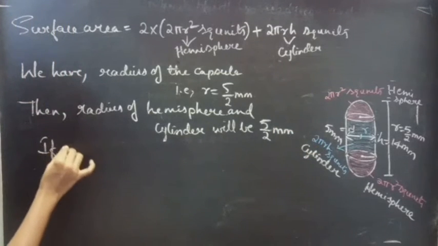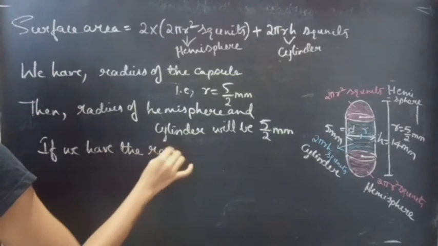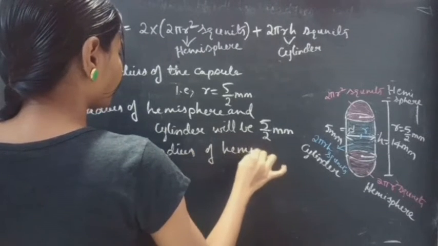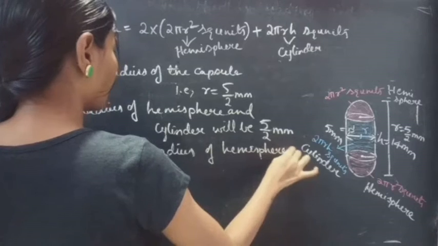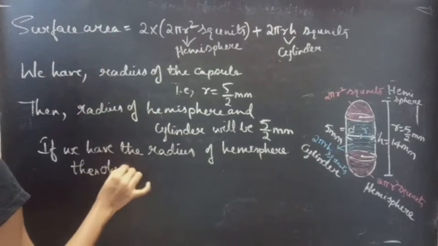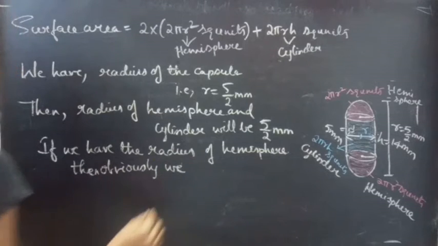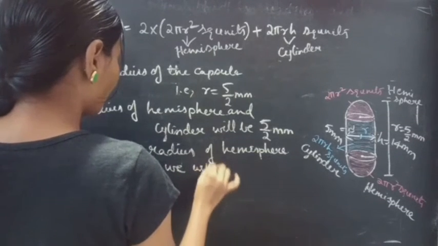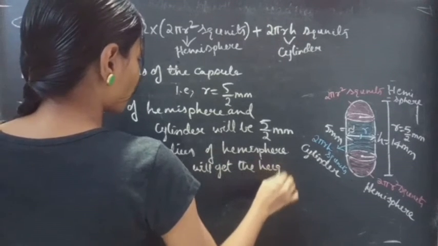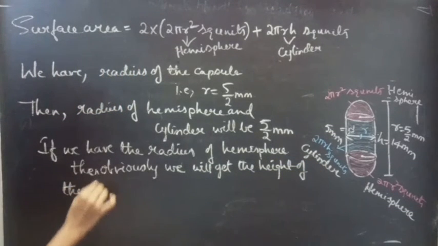If we have the radius of the hemisphere, then obviously we'll get the height of the hemisphere.